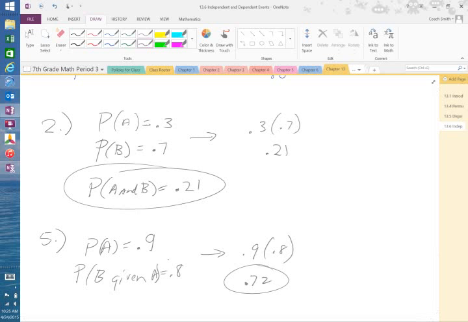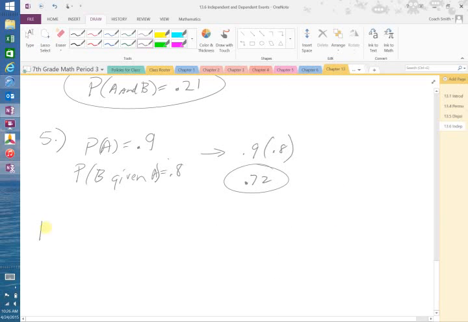Now, the difficulty arises when you get to one like number 12. Number 12 says they're independent events. It says the probability of A equals 0.2. Probability of B equals question mark.